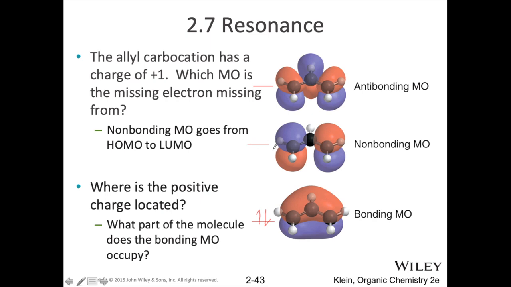Since this orbital is the highest energy orbital with electrons in it, this is the HOMO, and the next one, the first orbital that's empty, that's unoccupied, is the LUMO.